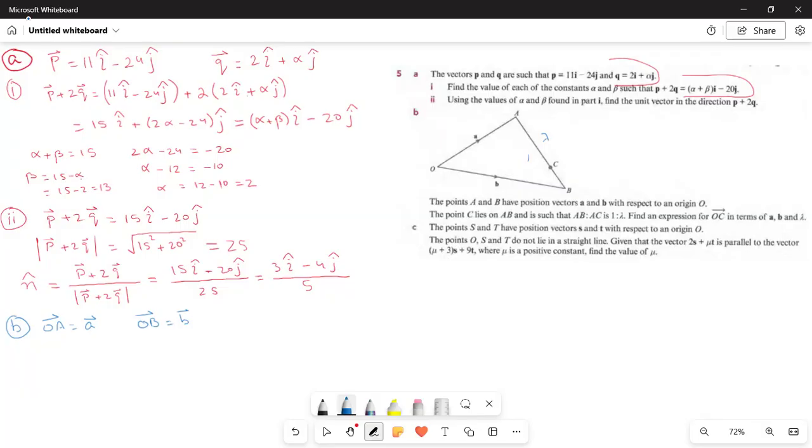Now, find an expression for OC in terms of A, B and lambda. So we need to find OC. What is OC?